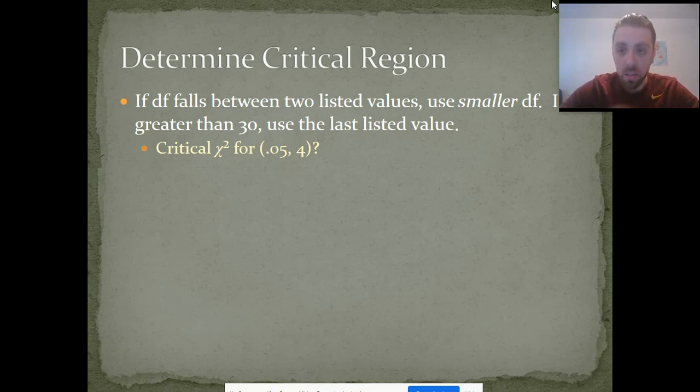So based on the distribution of chi-square that you see here, for 0.05 comma df of 4, what you should, I'll pause for a second if you haven't looked it up yet.